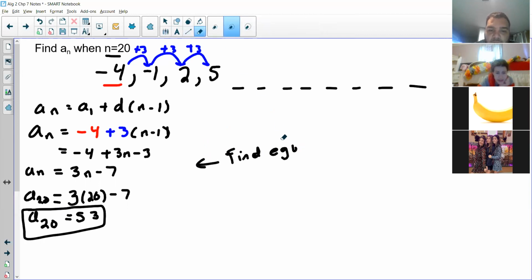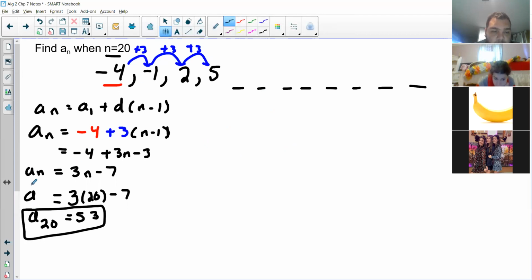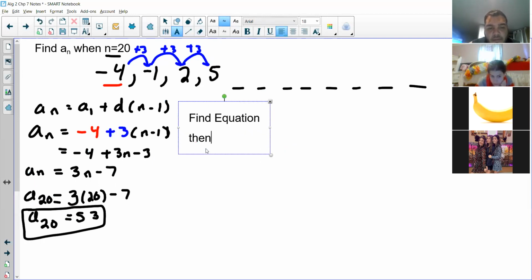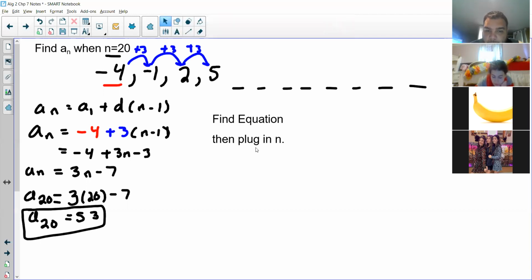What does that say? 3 times 20 minus 7, A20, they're both A20s. So step 1, find the equation, then plug in n. Pretty straightforward.